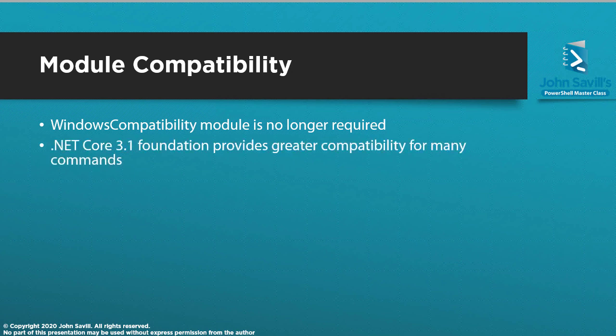Because of the .NET Core 3.1 foundation, as I talked about earlier, more things now just work in PowerShell 7. But there's also this built-in compatibility layer that's really behaving in a very similar fashion as Windows compatibility module.